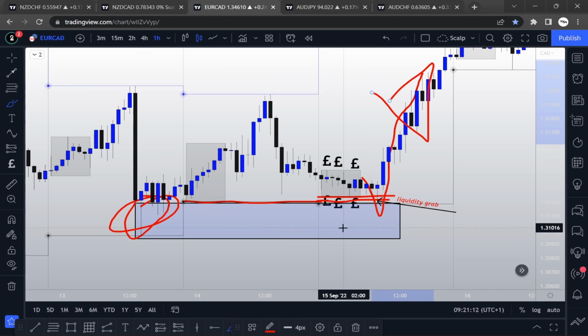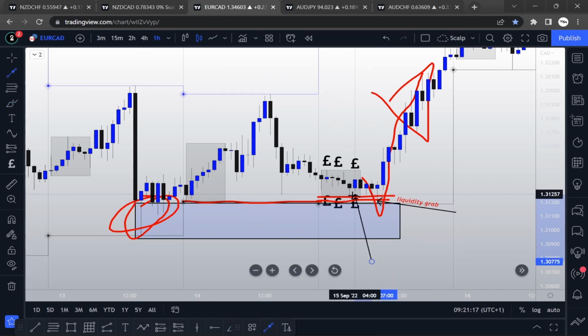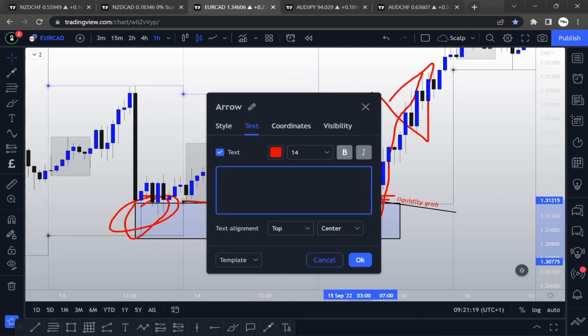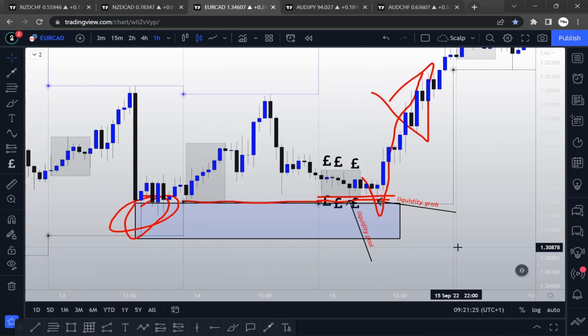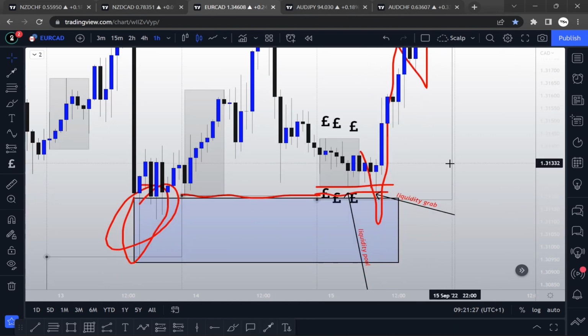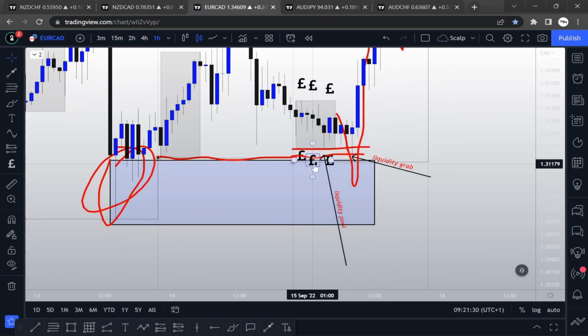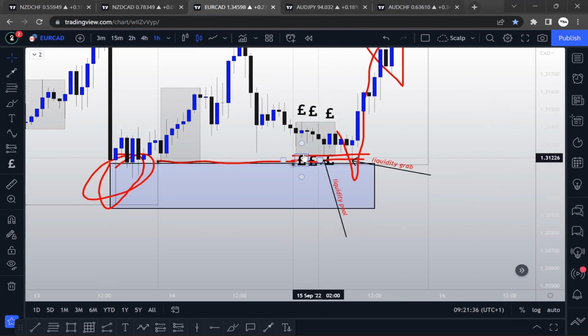So this is the liquidity grab and the liquidity pool. The liquidity pool is the low, where the pound signs are right there. Liquidity pool, liquidity grab. Right there.